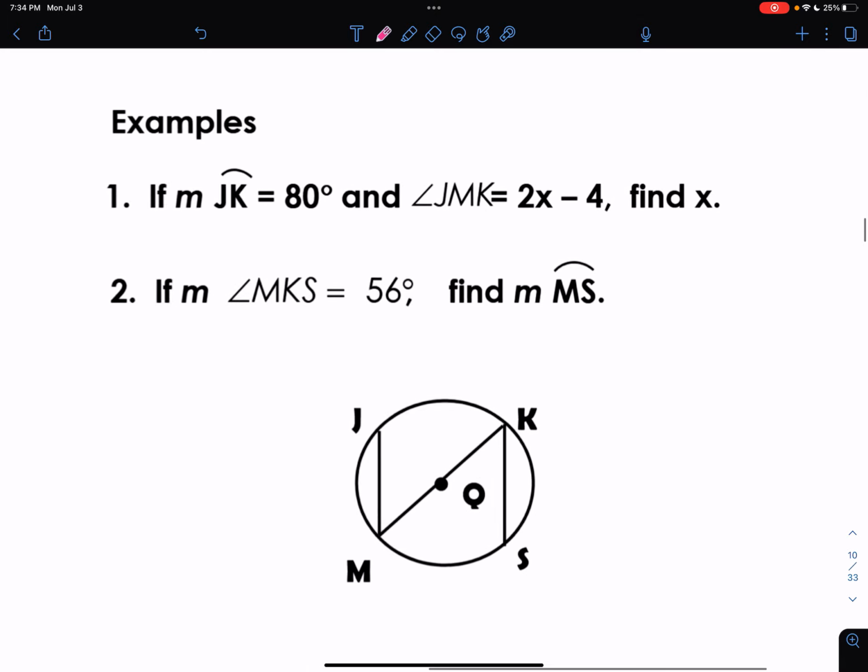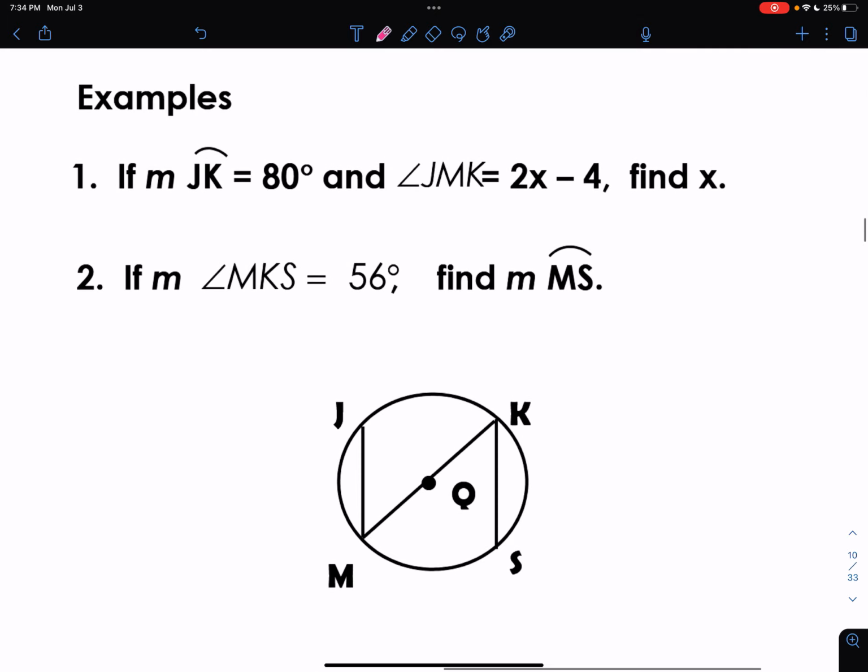All right, let's take a look at these two examples. They tell us the measure of arc JK is 80 degrees. And then for angle JMK, that's this one, we can use the expression 2x minus 4. First we want to think about what kind of angle this is. It's an inscribed angle, right?